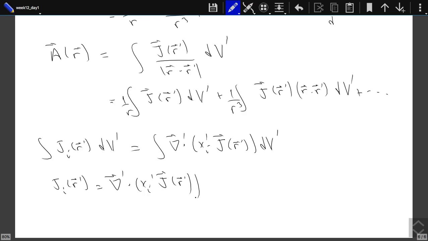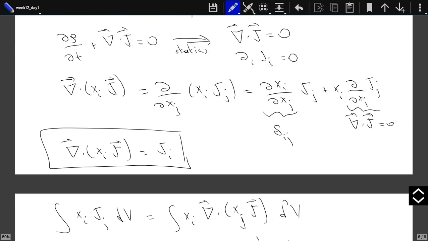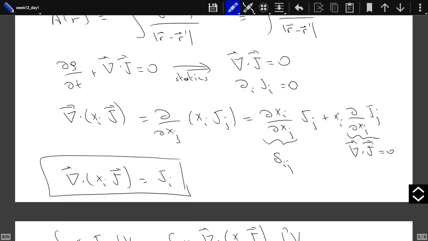This derivation, you just take the derivative. This is my divergence. The definition of the divergence is you have this vector field, take the j component of your vector field, which is x_i j_j, take its derivative with respect to x_j.